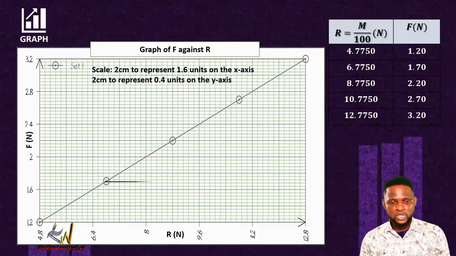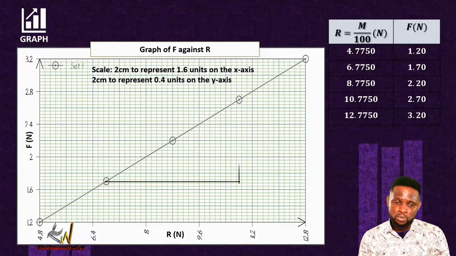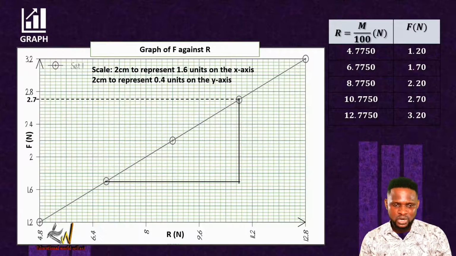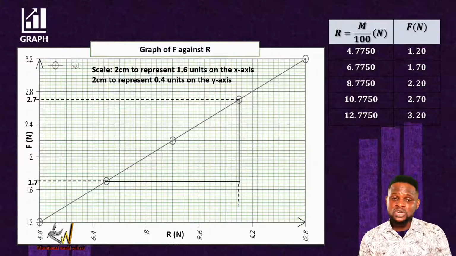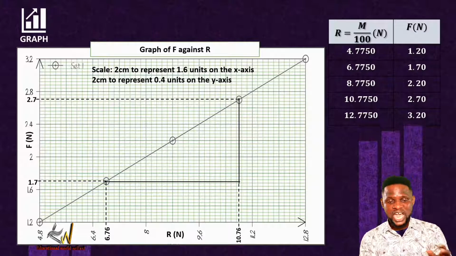When we plot the points, we find that it's a straight line graph. For us to find our slope, we choose convenient points on the graph and draw a right angle triangle from there. From there, we read up our values to the axis.